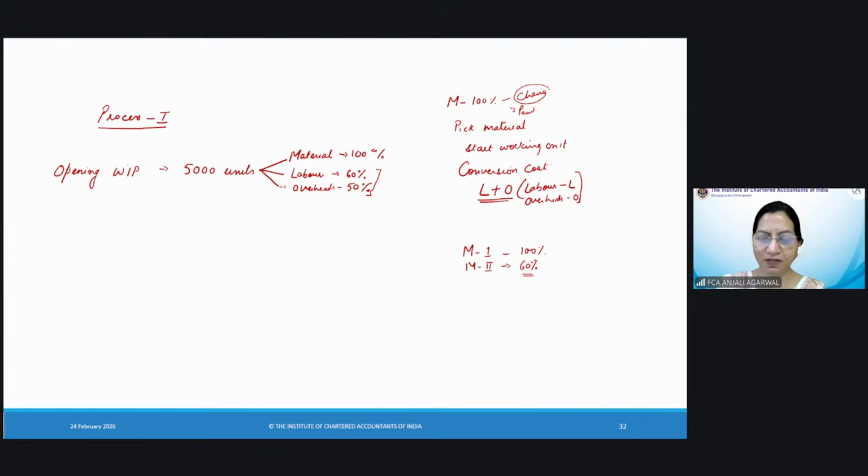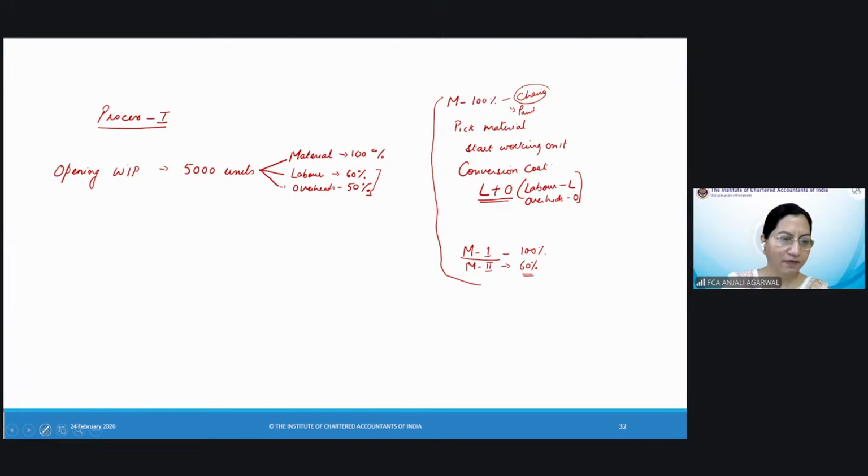So you picked up the chair, started painting it. The process is to paint the chairs. So the main raw material of units is 100% complete, but the paint which is subsequently applied on the chairs is only 60% complete. So not getting into these nitty-gritties now, we'll discuss this in detail when we take up the question. So far, let's focus on this.